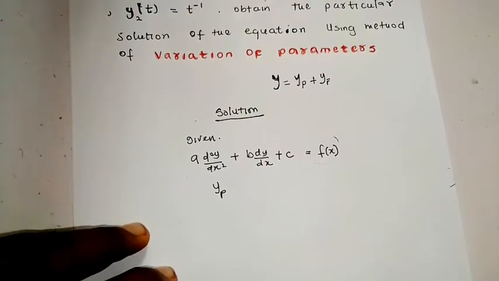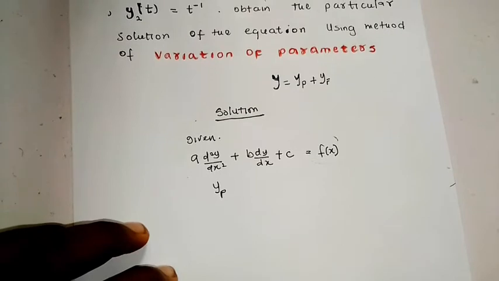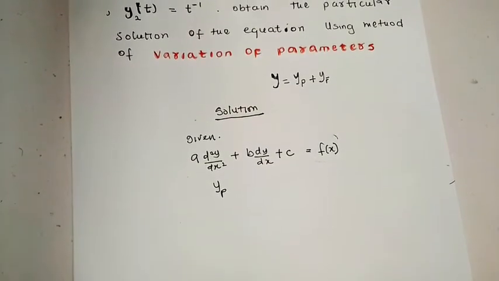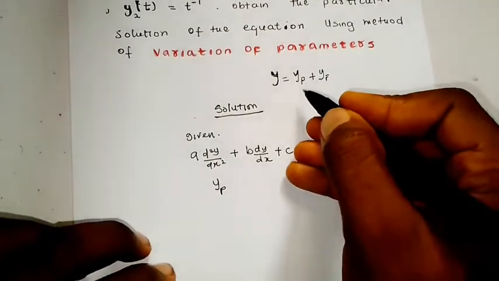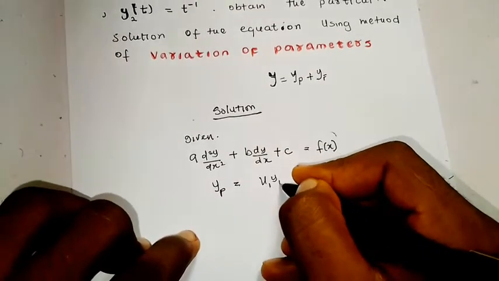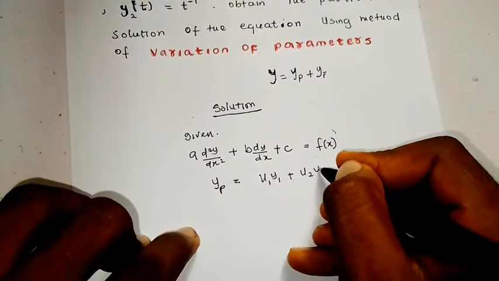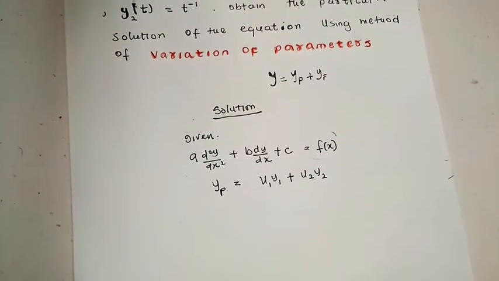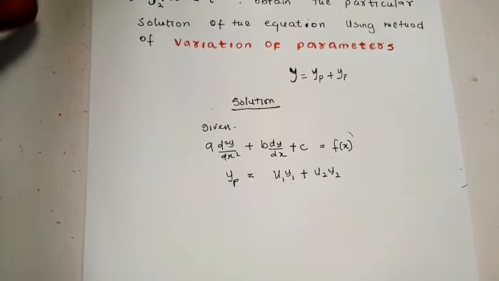Like I said, you only calculate for the particular solution, which is yp. So yp is equal to u1 y1 plus u2 y2. This is the solution we are going to be looking for.